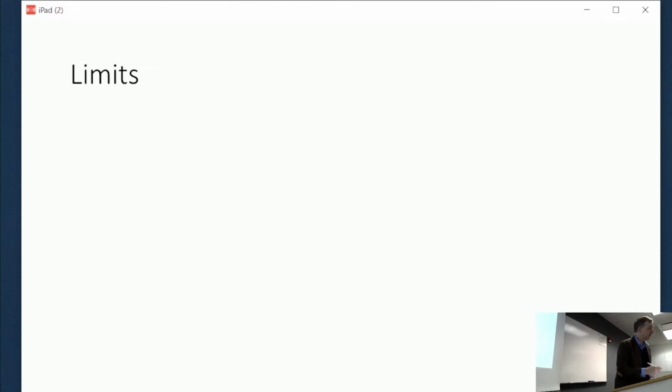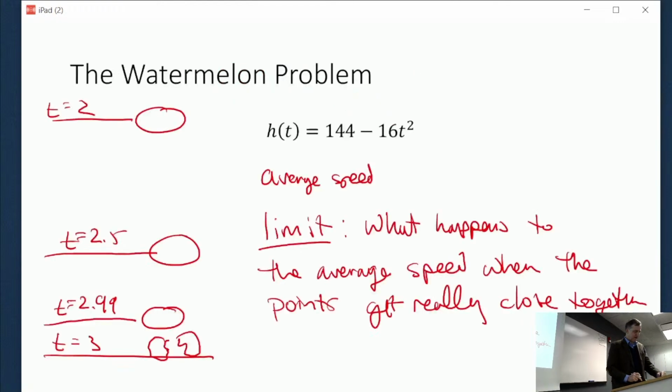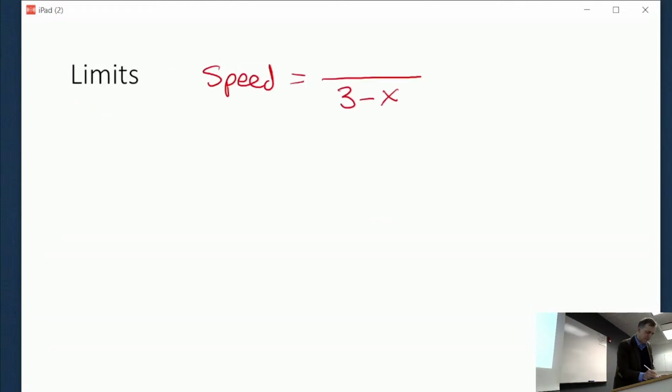So what I'm going to do is actually write down what the speed function is. The speed of the watermelon is a divided difference. We'll call it 3 minus t, that's how many seconds are going to elapse between, like, t equals 2 and t equals 3. I should use a t here, shouldn't I? And then on the top, I'm going to do the height at t minus 0.